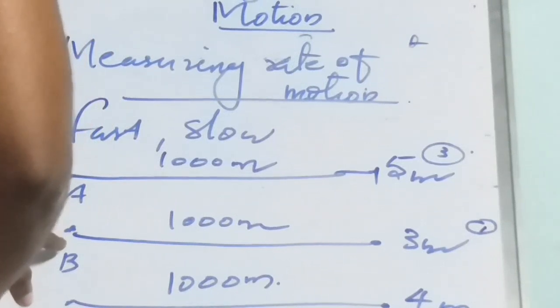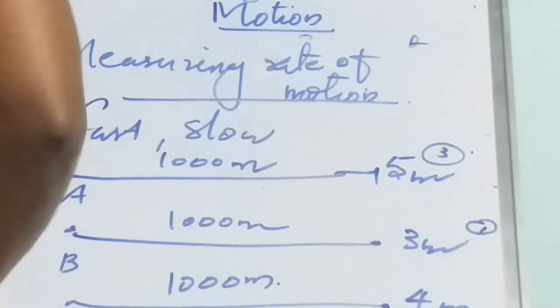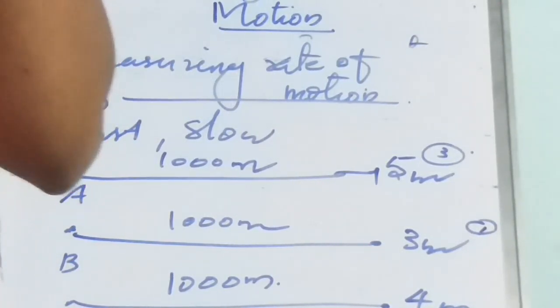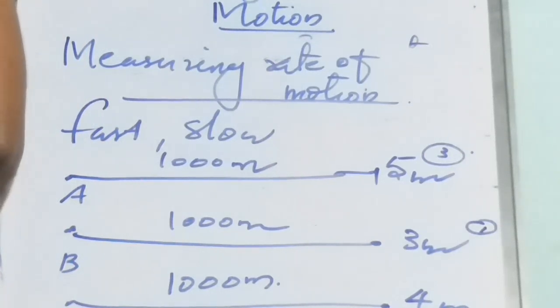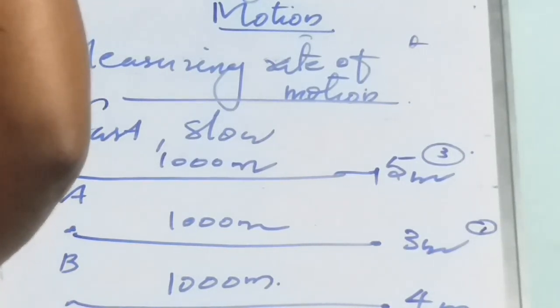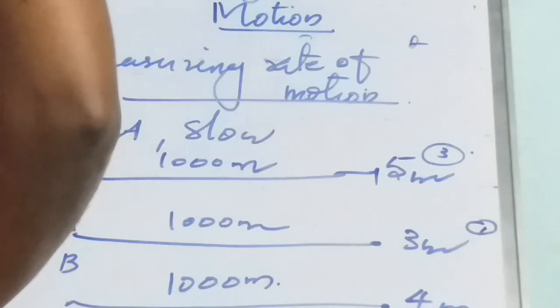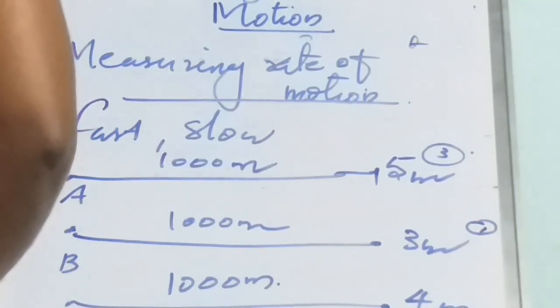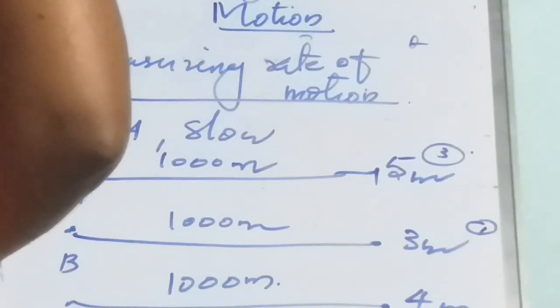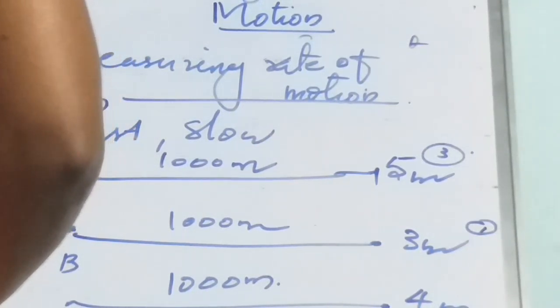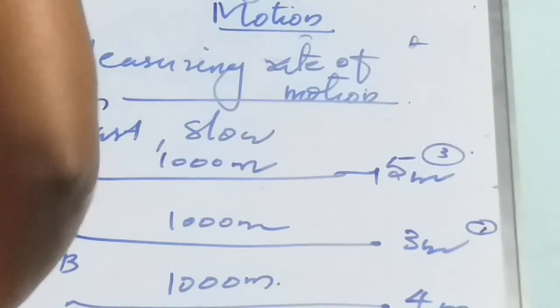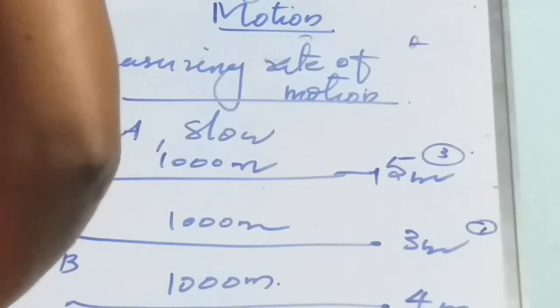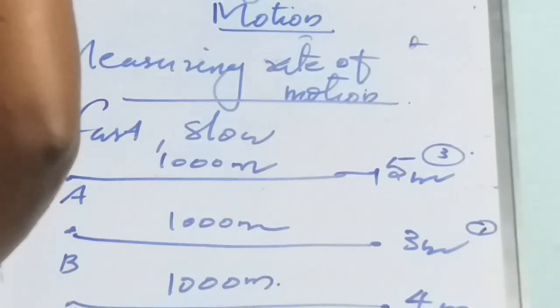So we can say the rate at which objects move can be different. Also, different objects can move at the same rate.